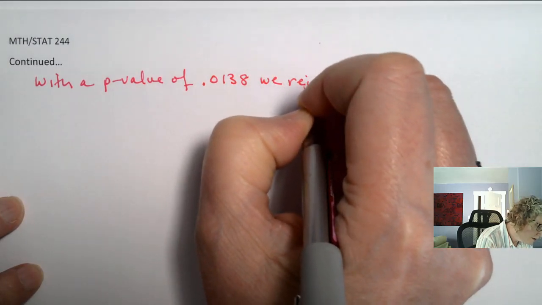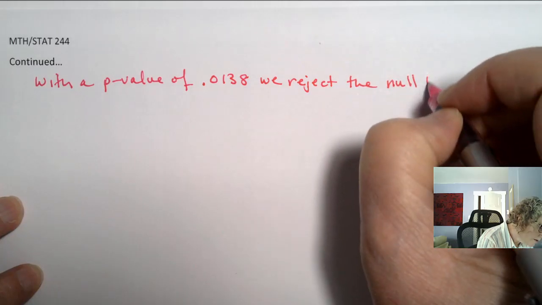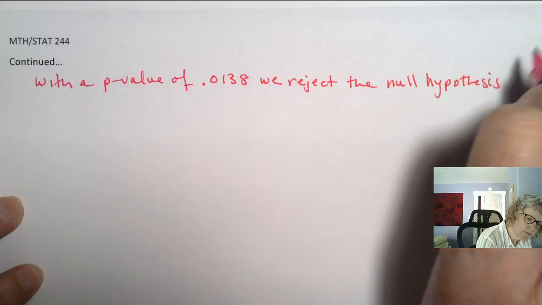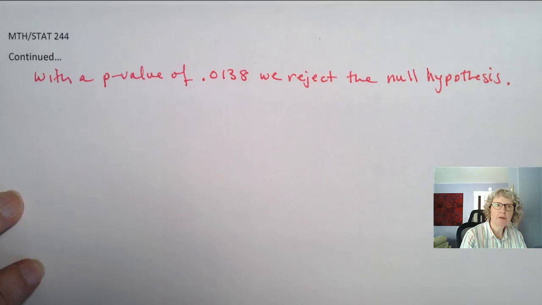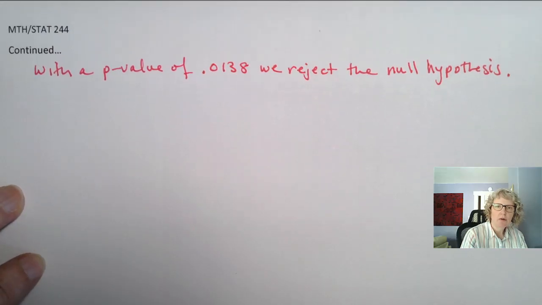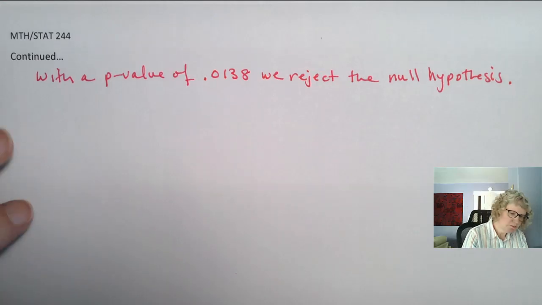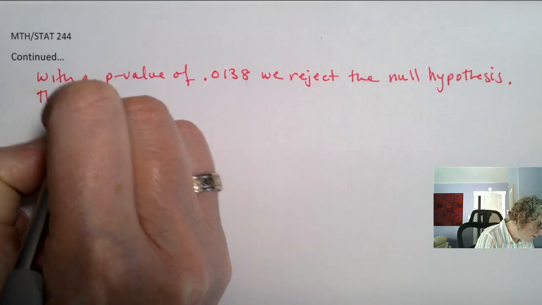We reject the null hypothesis. And so this is very similar to what we wrote out for when we did it with simulation, right? Same conclusion, essentially. There is evidence.